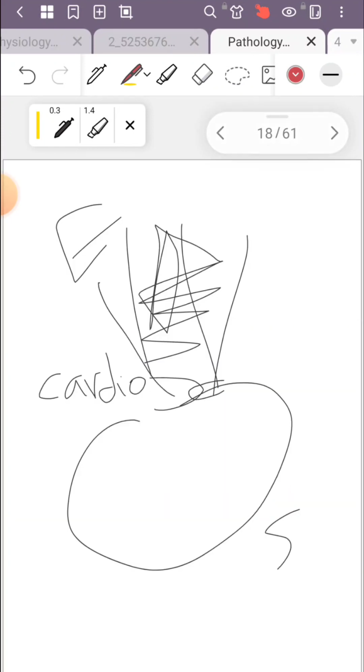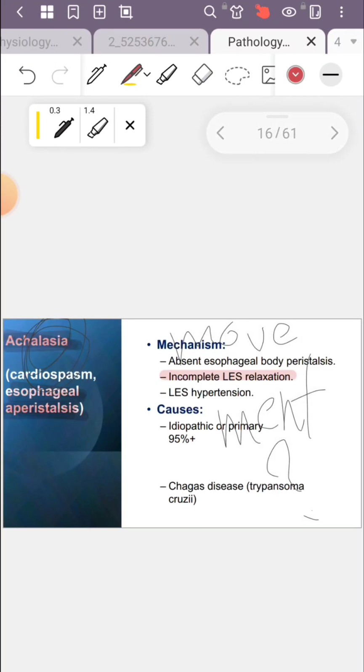Again, the triad of achalasia is absence of esophageal body peristalsis, incomplete lower esophageal sphincter relaxation, and lower esophageal sphincter hypertension. This is a smooth muscle. How do they measure its tone? There is something called manometry, which you take in physiology. So it is a measurement of tone.